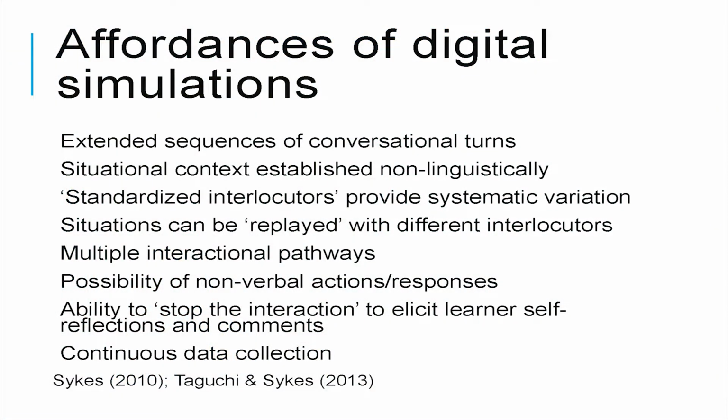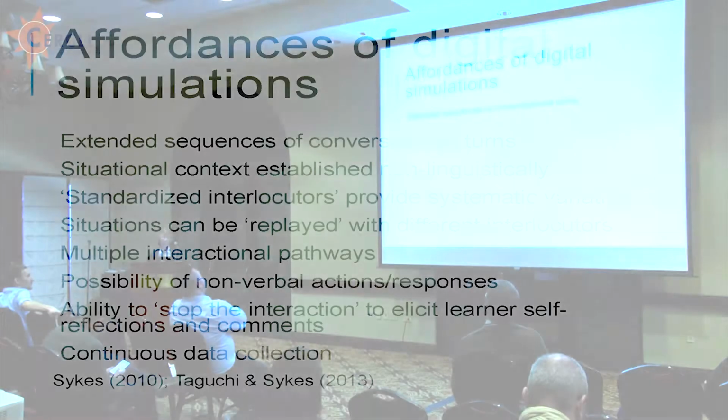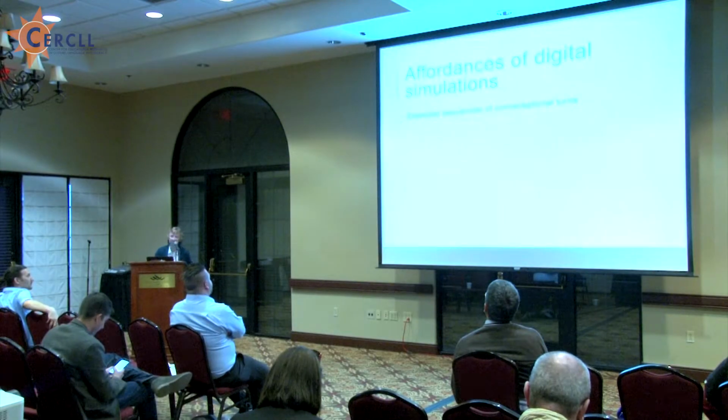So let's talk about some of the specific affordances we get when we start doing these digital simulations. One is that we get extended sequences of conversational turns. That's what real language interactions are like. They're extended, there are several turns, and the real assessment point might take several turns to get to.